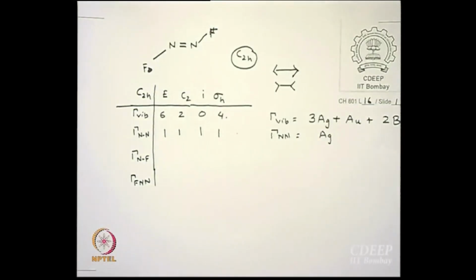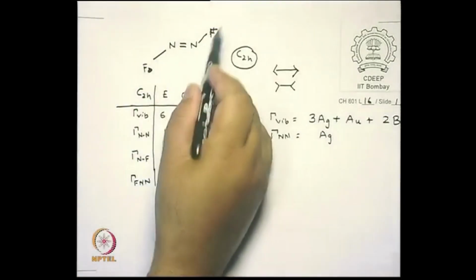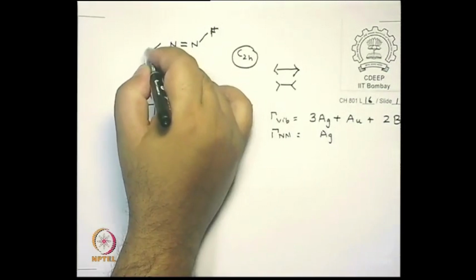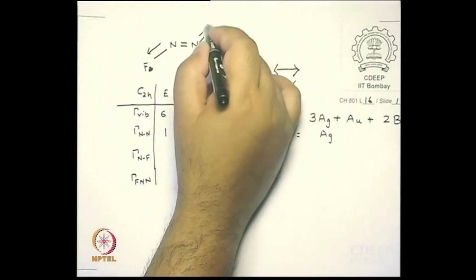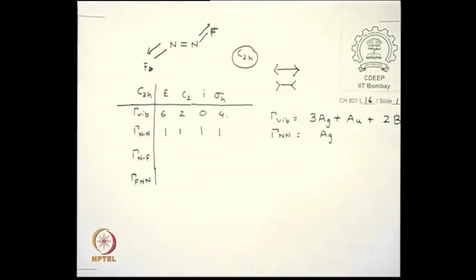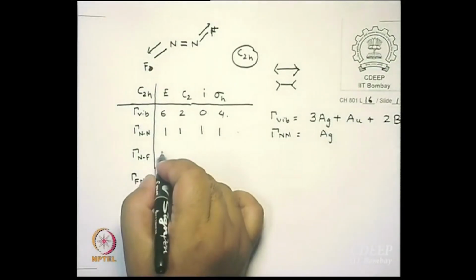What about NF? How many NFs are there? 2, right? So I can draw them like arrows, one arrow here, one arrow there, that is plus, right? And when they come in, they are minus, 2 arrows, right? 2 arrows separately. Okay. What will be the character of E? 2-dimensional basis.